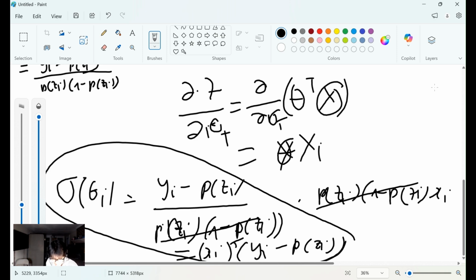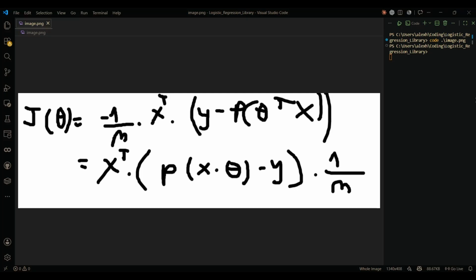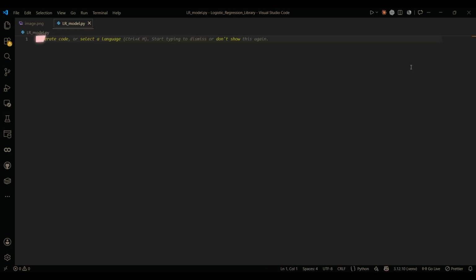Okay, so now let's start the Python implementation for this. Okay, let's get started. So previously, we came to this equation right here. This is the equation of the partial derivative of the loss function with respect to theta. So we're going to implement logistic regression right now. Let's open Python.